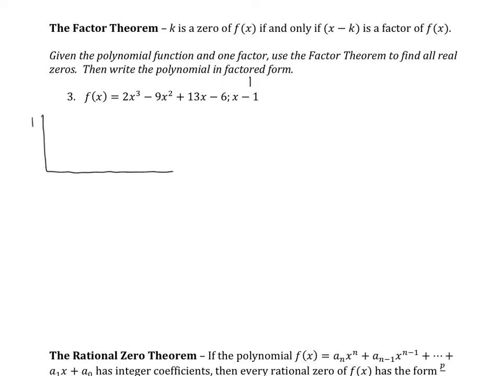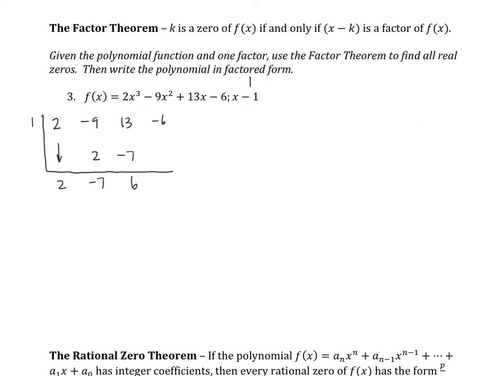Okay, we're not missing any terms, so we have x cubed, x squared, x, and no x. So our coefficients are 2, -9, 13, and -6. So bring down the 2. 1 times 2 is 2. Add, we get -7. 1 times -7 is -7.